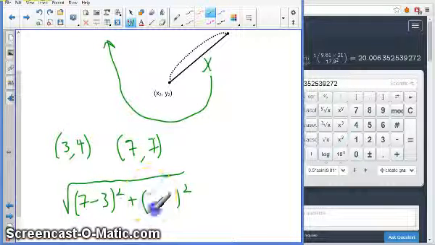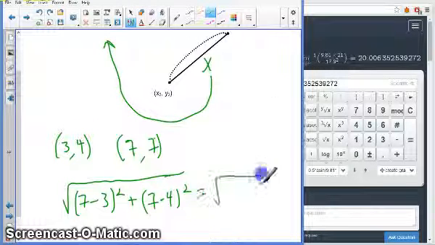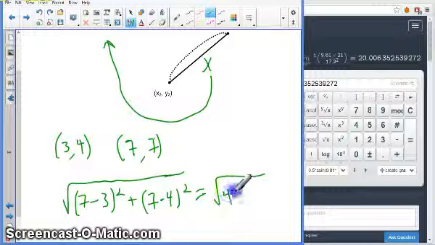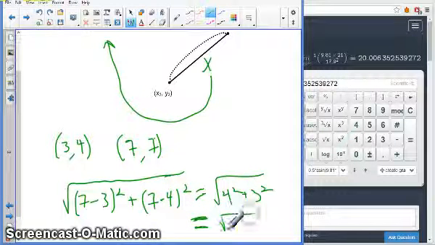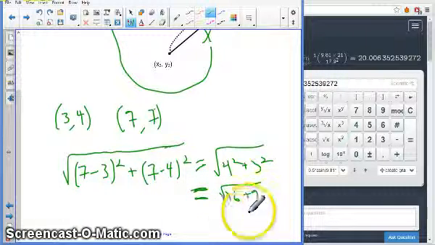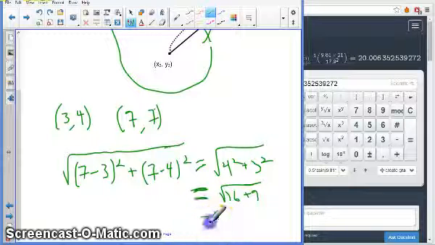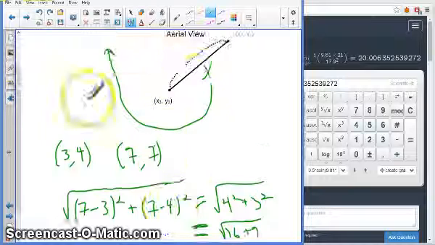So this is 7 minus 4, so it's 4 squared plus 3 squared, and that's 25, so it's the square root of 25, so it's 5 meters.